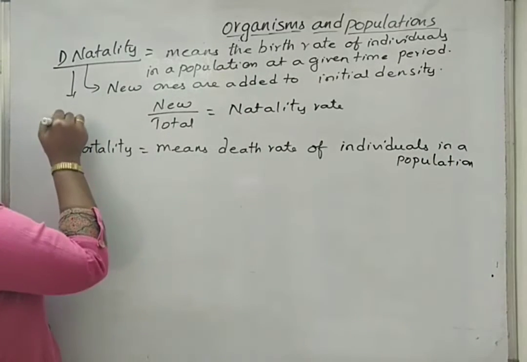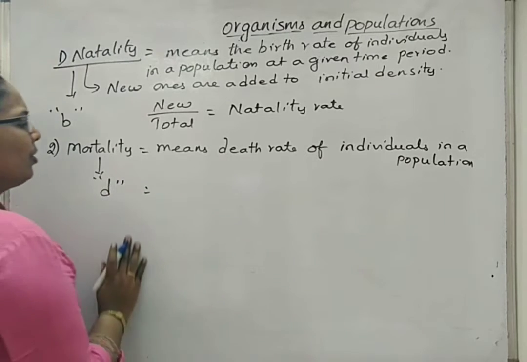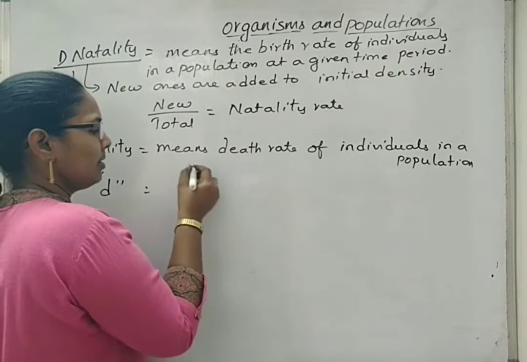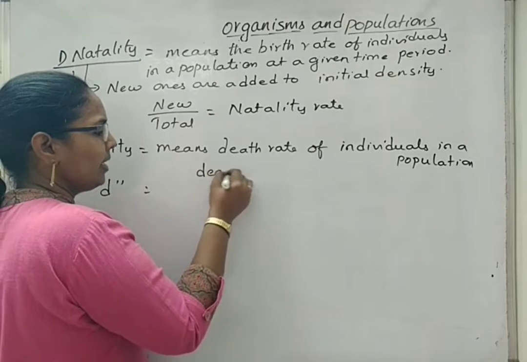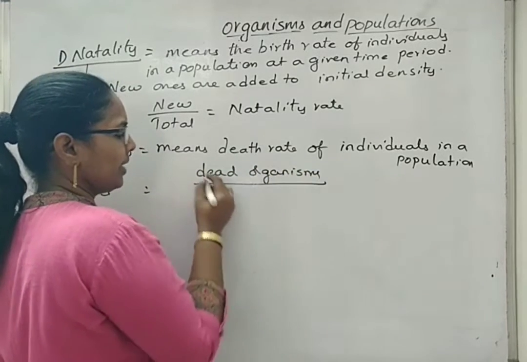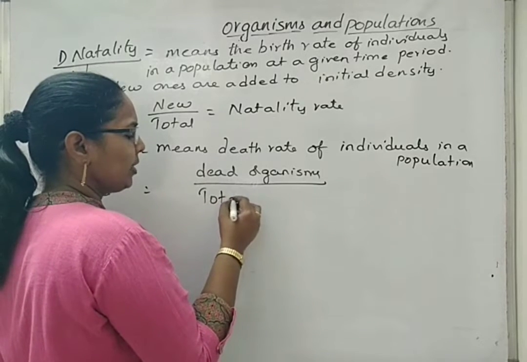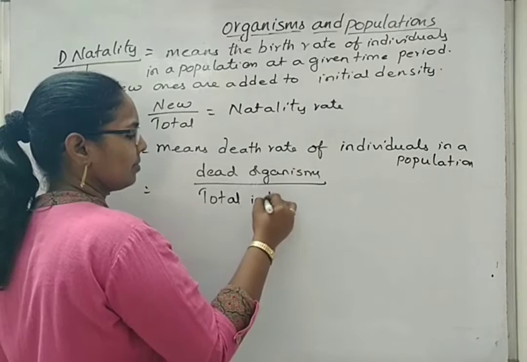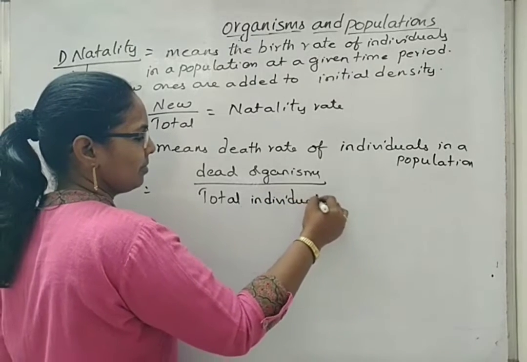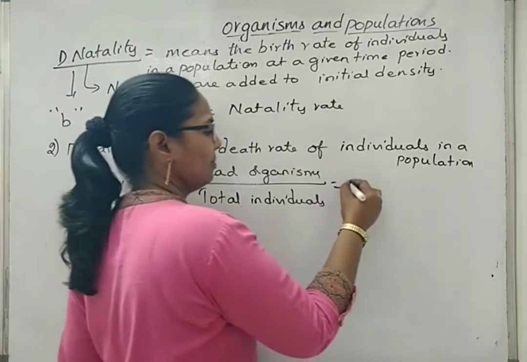This is indicated with D. So if you want to calculate the mortality rate, the same thing: number of dead organisms divided by the total number of individuals. If we calculate like this, then we will get the mortality rate.